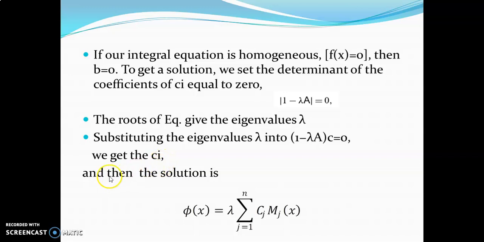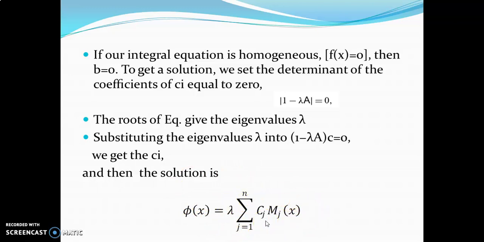And knowing the values of ci's, the solution is given by phi of x is equal to lambda c1 m1 plus lambda c2 m2 etc., or lambda times summation j goes from 1 to n cj mj of x. So for each lambda we have a particular solution, and therefore these are called the eigenfunctions.